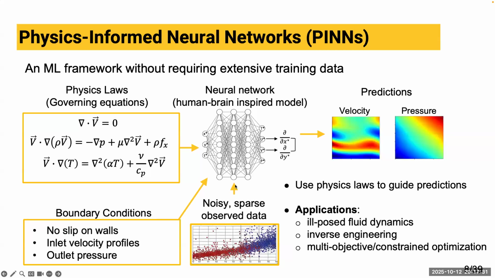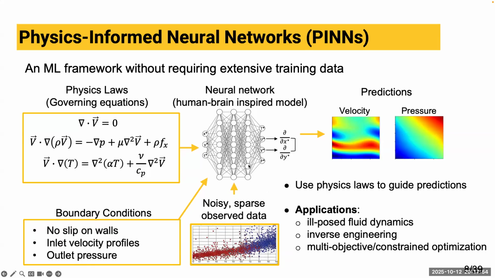But instead of using abundant training data, now we use physics law or governing equations to train the model. And also you can employ the boundary conditions and you can still supply sparse observed data to constrain the prediction of your model.